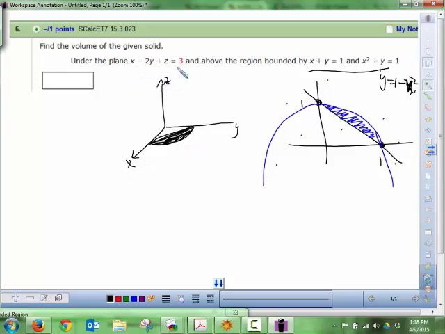And then you have this plane, z is equal to, or if you want to find some intercepts maybe, when x and y are equal to 0, z is equal to 3. When y and z are equal to 0, then x is also equal to 3. And when x and z are equal to 0, it looks like y is equal to negative 3/2.